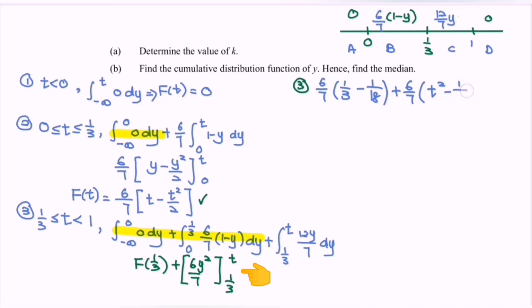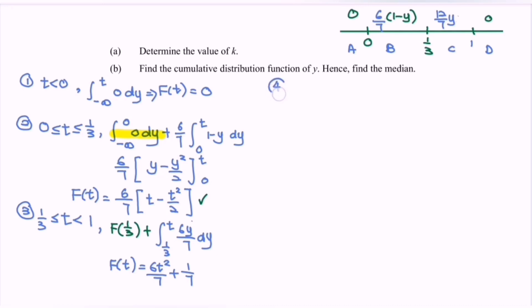We have 6/7 t squared, and then minus 2/21. So F(t) equals 6t squared over 7 plus 1/7.